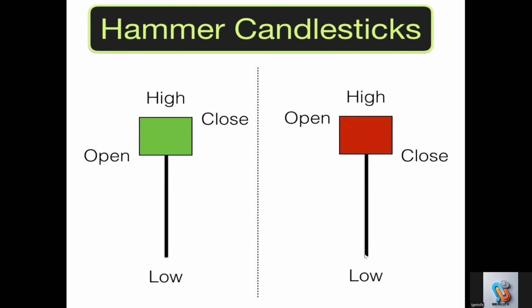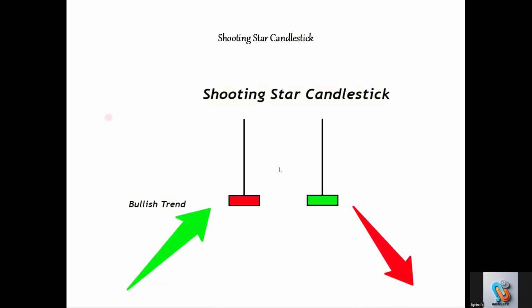Now that the price is going up, it means buyers are in the market, and it is time for them to take the price higher. So that is why this one is called a hammer. It's as clear as anything you can think of.